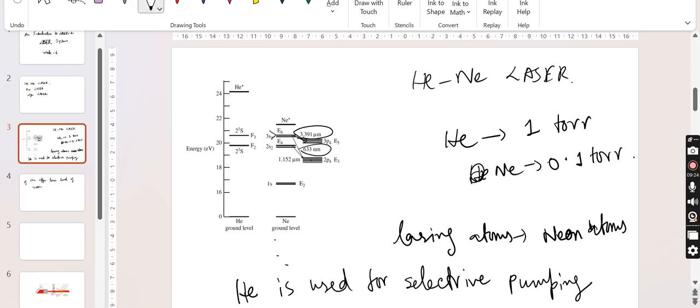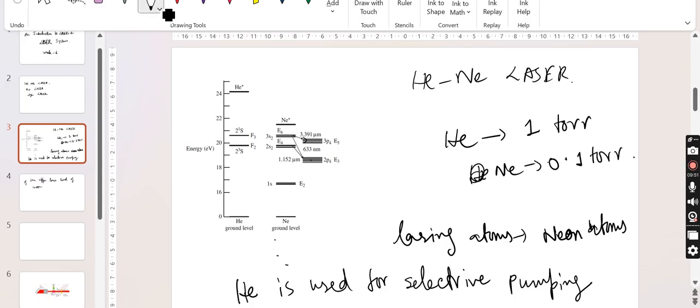So after the helium atoms go up to this level, they have a longer lifetime here. When neon atoms in the ground level collide with them, they transfer their energy, and those neon atoms go up to E6 and E4, and the helium atoms come back to the ground level.